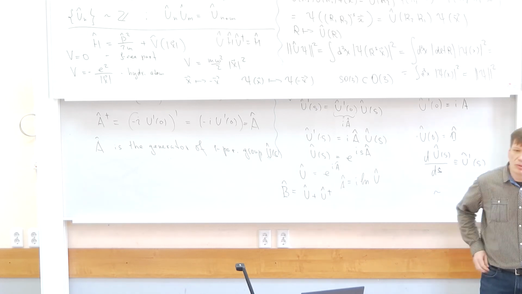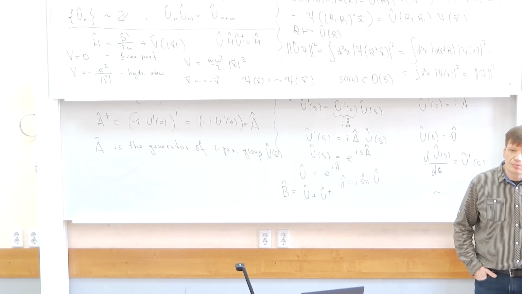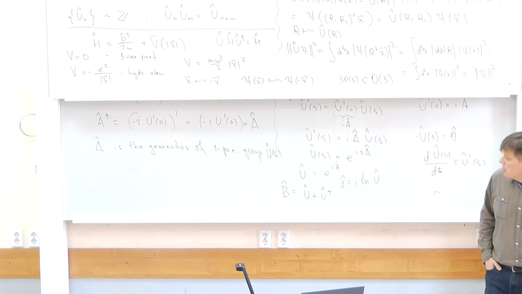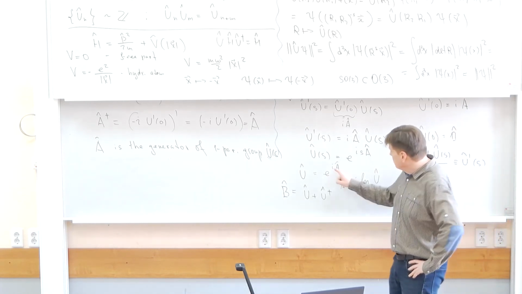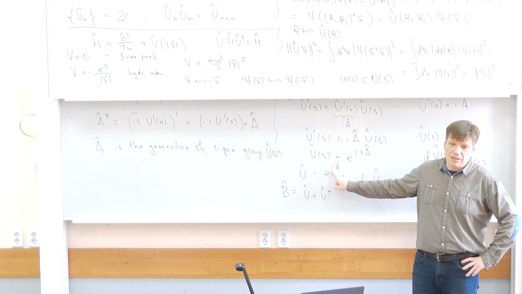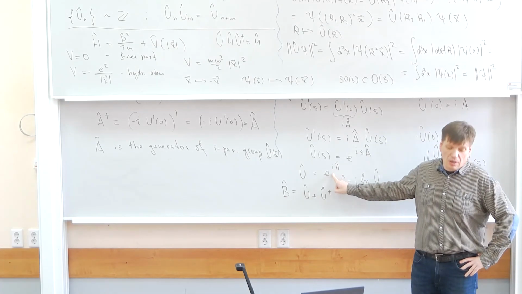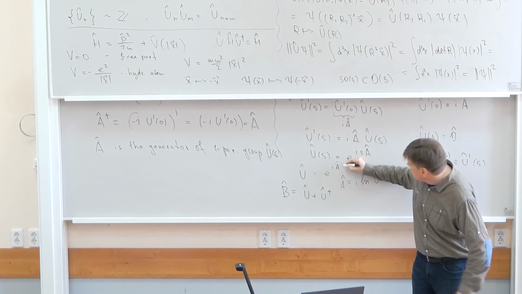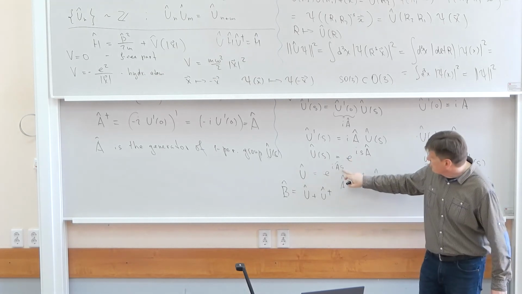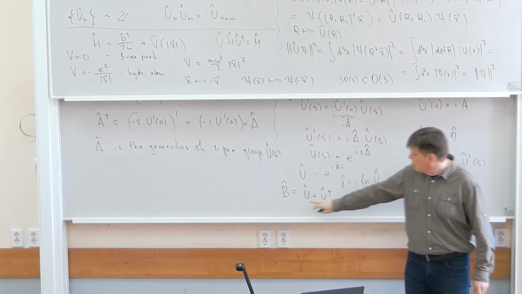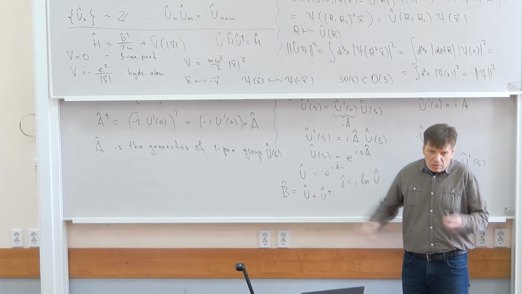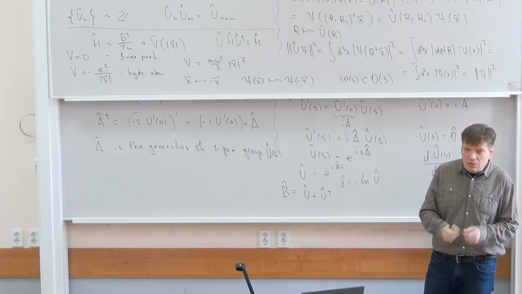Discrete groups, we also can find the set of generators for a representation of a group? No, for a discrete group we have no set of generators because there is no parameter here, just a given operator. It is not a family. Of course, you can put some parameter here, but only for special values of S do you get elements of your discrete group, because you are dealing with a discrete group, not continuous.